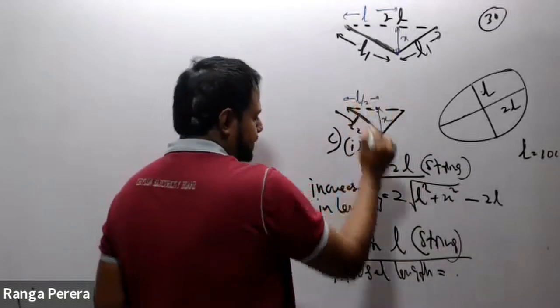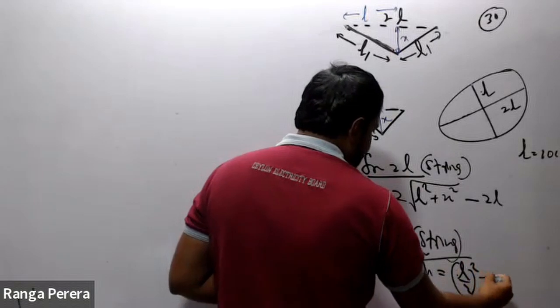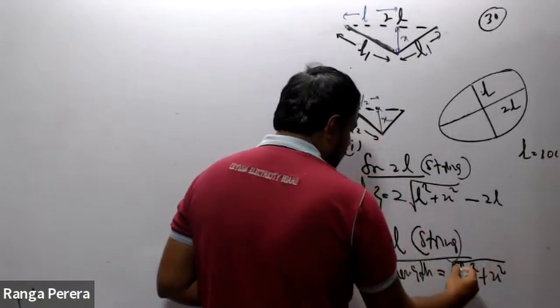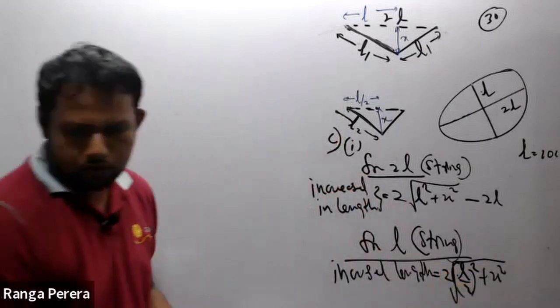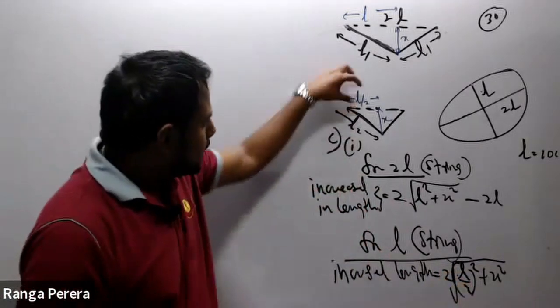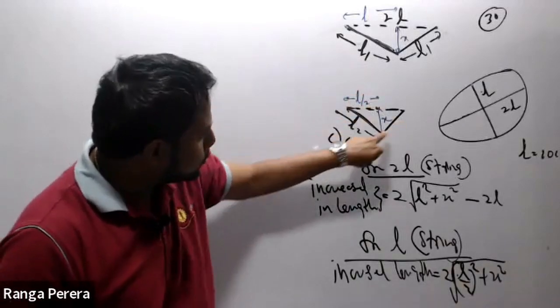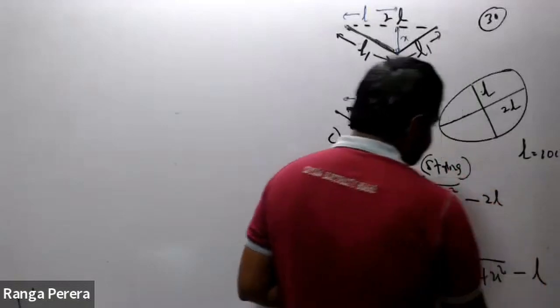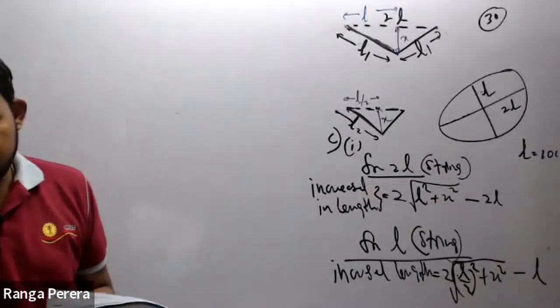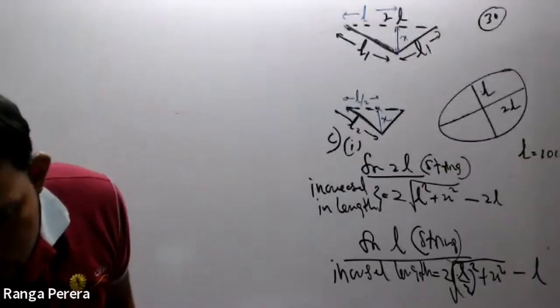Root of (L by 2 squared plus X squared), multiplied by 2, because L by 2 squared plus X squared is that value. We have two such sections, minus L. That is the increase in length.